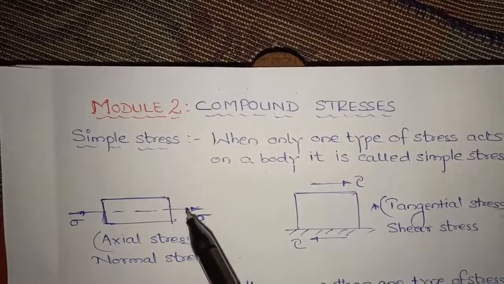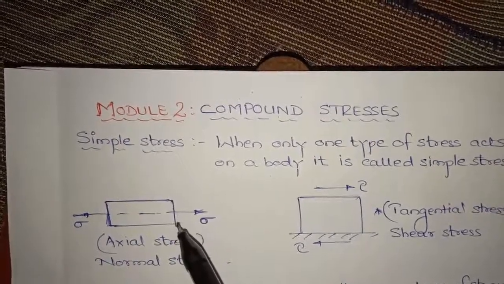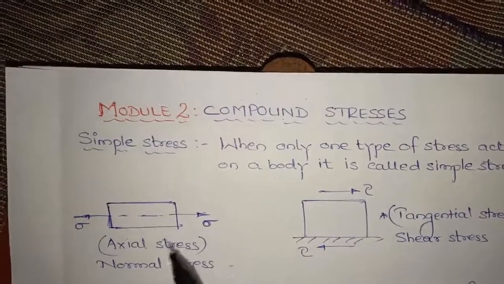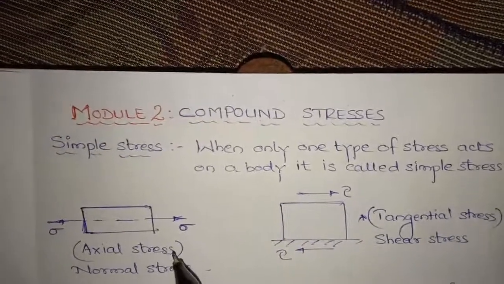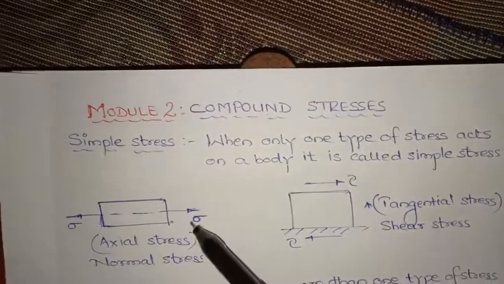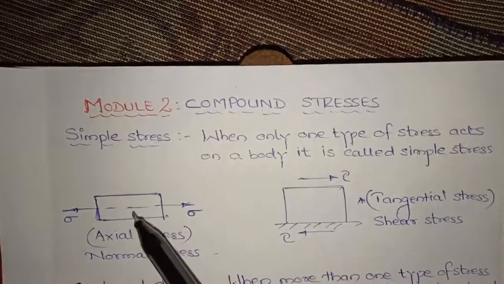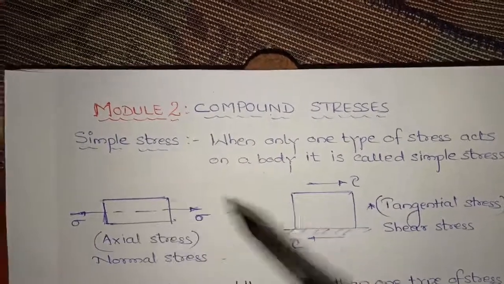Normal because this stress direction is perpendicular to the cross section. As this stress is acting axially, it is also referred to as axial stress. Here only one type of stress is acting, so we will say that this bar is subjected to simple stress.